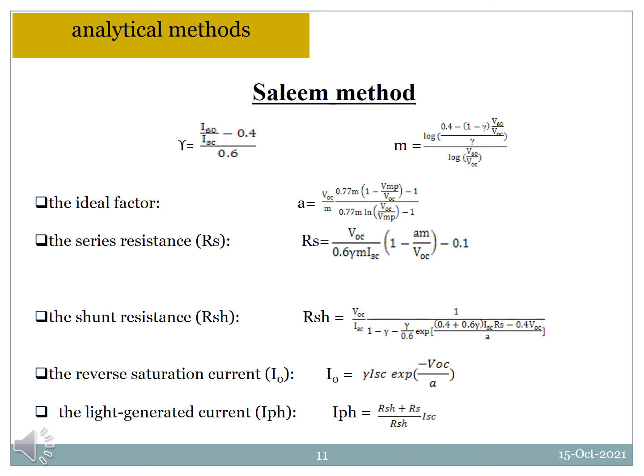The authors also included 2 auxiliary parameters, gamma and m. Using those two parameters and the datasheet information, we can obtain the 5 parameters using the expressions below.